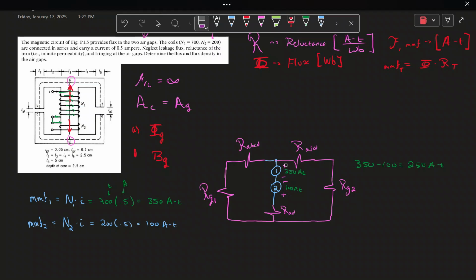Well, we know 350 is larger, so really I can get rid of this second one and create one magnetomotive force. This is just simplified, but now this 350 will become what we just solved for, 250.